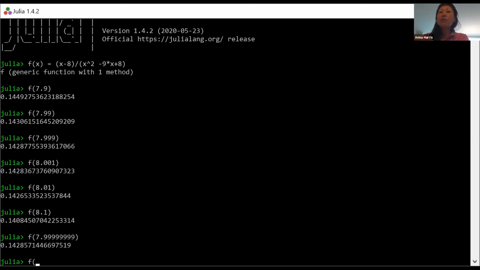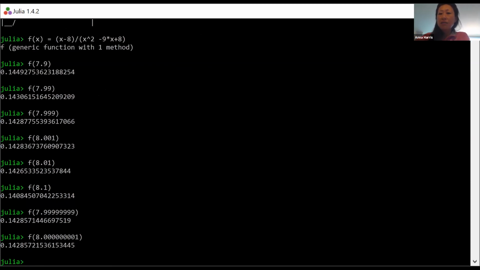If I'm not so sure, I want to try really, really closer to 8. They give you 0.1428, then you round up the 5, go up to 9. So 0.1429 is your limit.